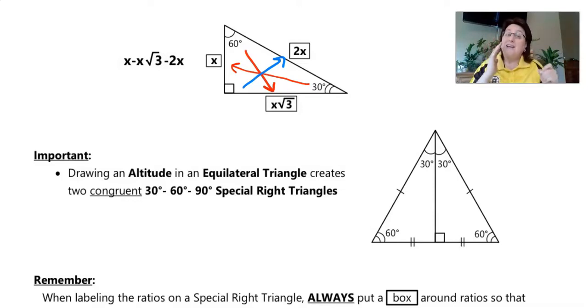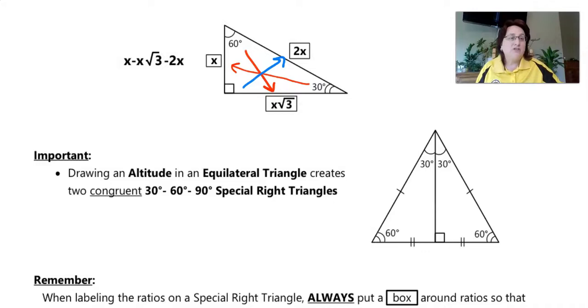Well, now in an equilateral triangle, the altitude cuts this equilateral triangle into two congruent 30, 60, 90 degree triangles. There are triangles everywhere in every shape that we have.